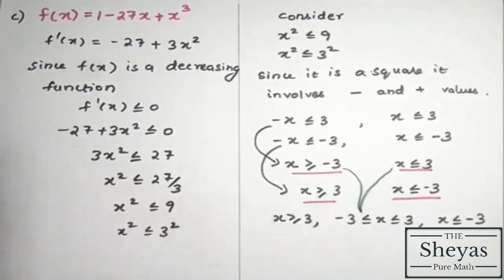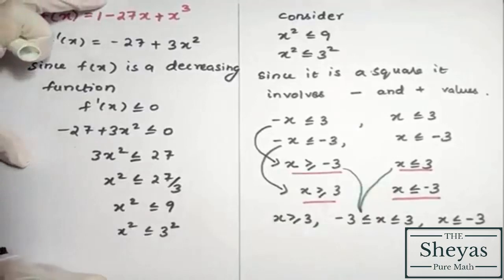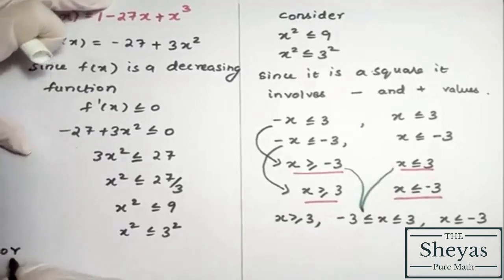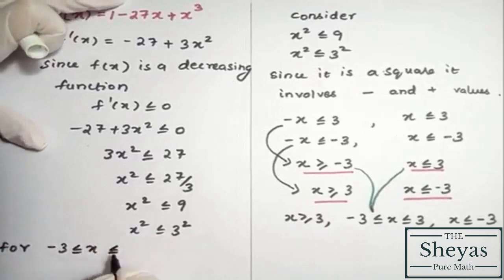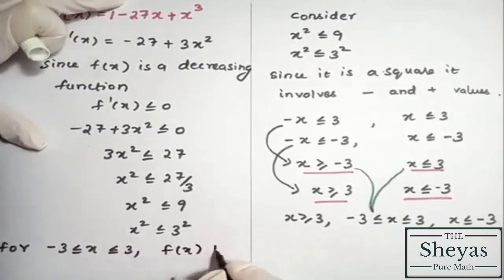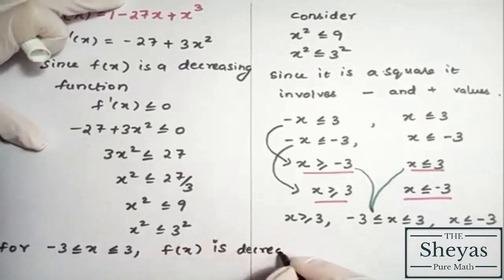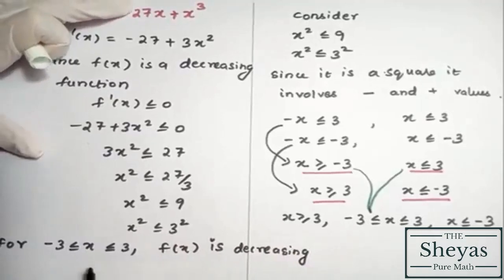So I am concluding that for minus 3 less than or equal to x less than or equal to 3, f of x is decreasing. So how can you write it in interval notation? Minus 3 to 3, the function f of x is decreasing.